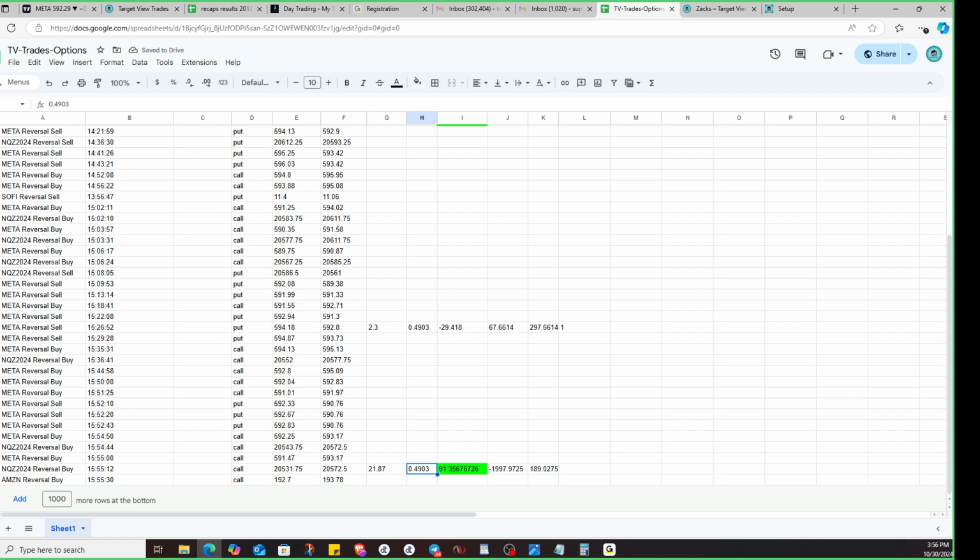The delta is 0.448. Okay, and given the information that it gave you right here, it says this should make 83%. If it gets to the prior swing high or low, the option should make 83%.